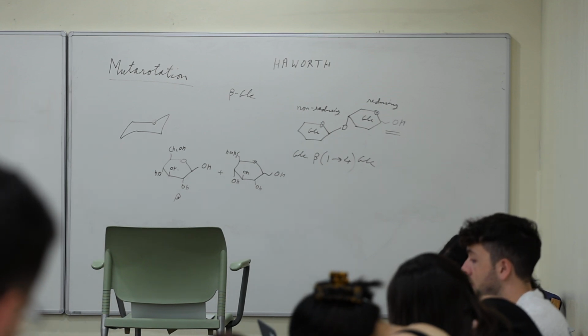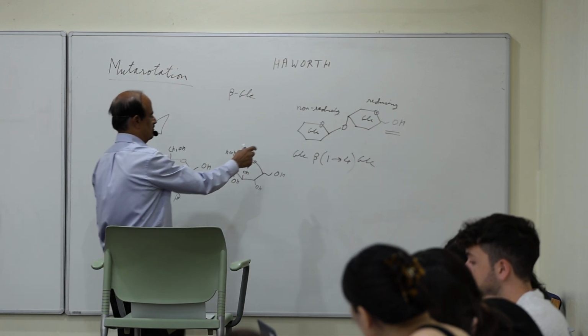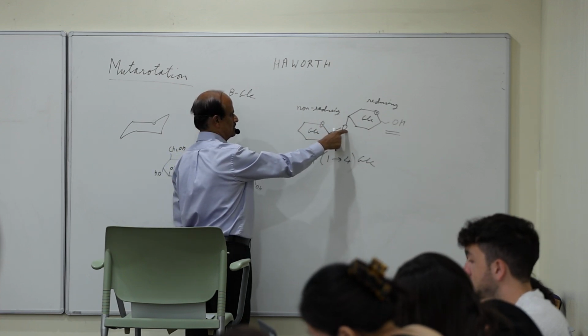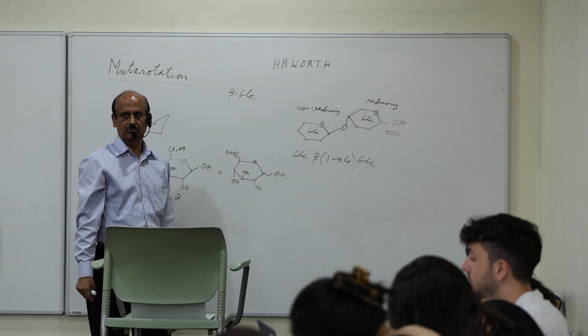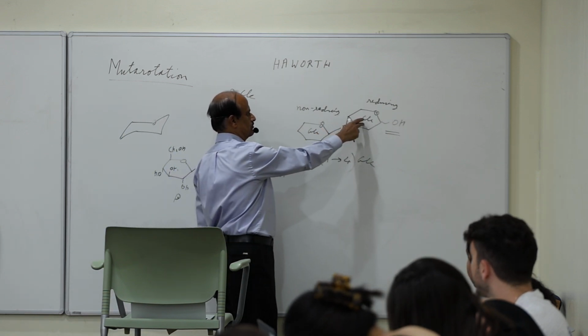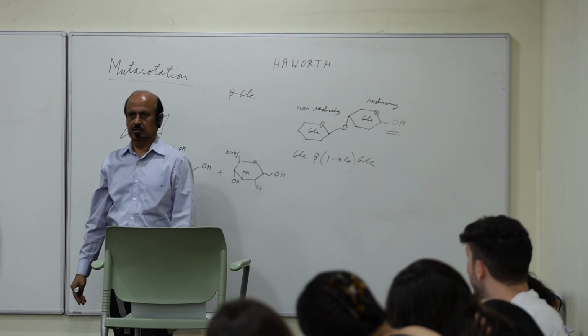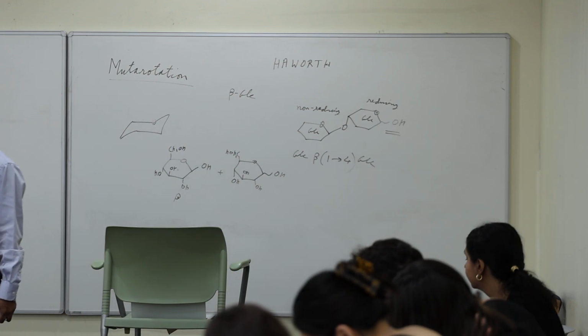So once again, when this equilibrates, this sugar will not become the linear chain because it doesn't have the anomeric OH, whereas this sugar will go up to the linear and then the beta and then the alpha. And that's what makes it a reducing sugar also.